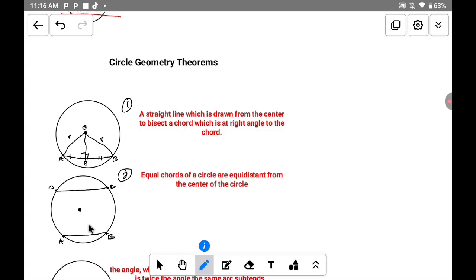Now, equal chords of a circle are equidistant from the center.